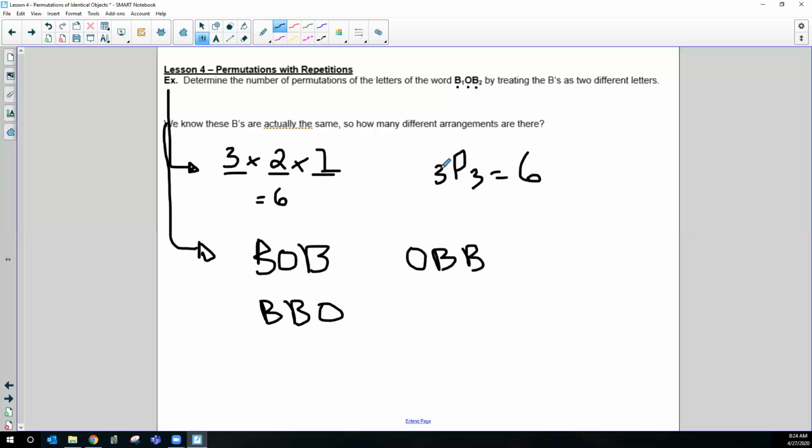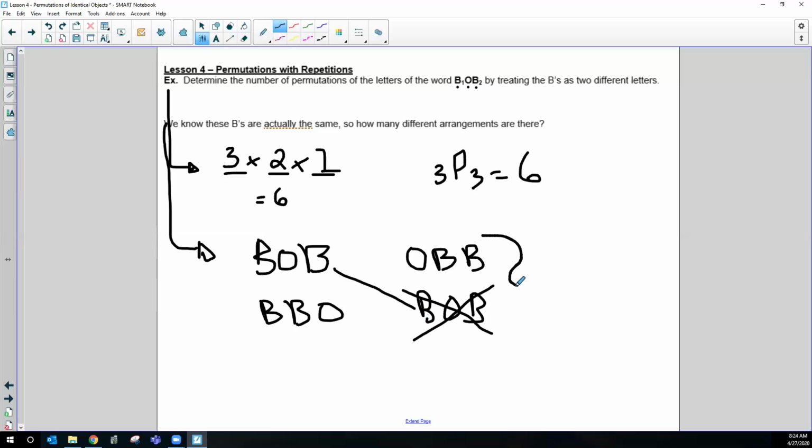But now these would all be different. And if we went BOB again, these would be different arrangements if we were still dealing with B1 and B2. But now we know that B's are the same. So this arrangement and this arrangement are actually the same. So we don't want to count it twice.